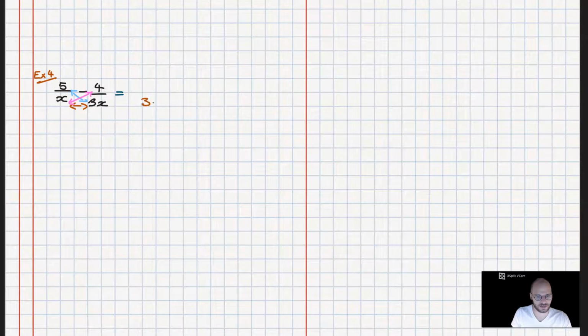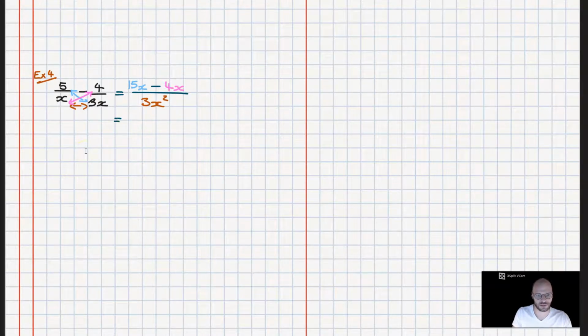So we're going to get 3x squared in the denominator, and our operation is take. Our first term in the numerator is going to be 5 times 3x, which is 15x. And then we're going to get 4 times x, which will be 4x.